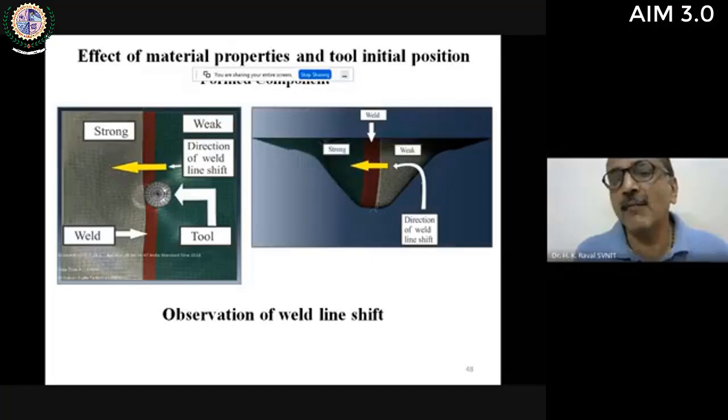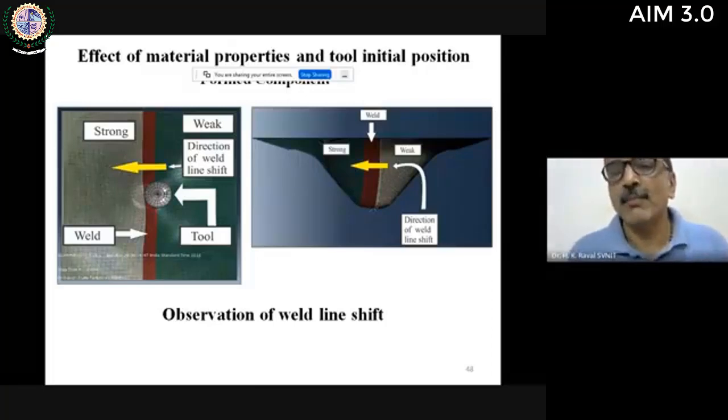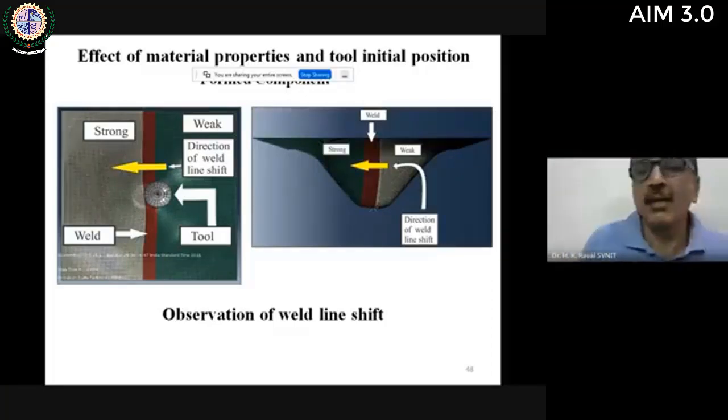Hence, the weld line, which before deformation was kept at the center, will no longer remain at the center, but it moves marginally. You can see here that the weld line has moved, and you can very clearly see the displacement or shift of the weld line. It is because the weaker material has more deformation and the stronger material has less deformation.